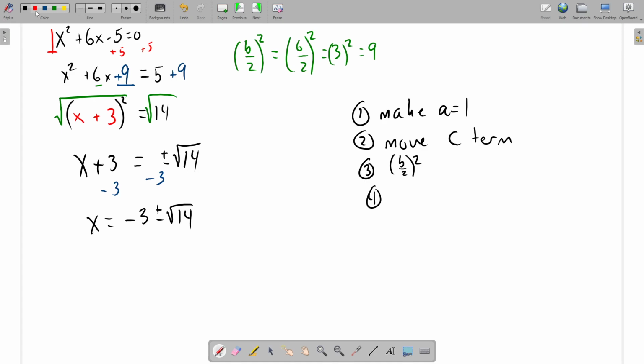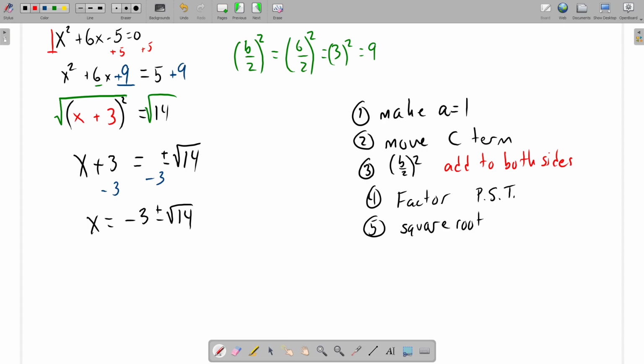And let's make another little note: we added that to both sides. The fourth thing we did was factor the perfect squared trinomial. The next thing that we did was take the square root of both sides. Again, we'll make a note so that we remember that this is both sides.